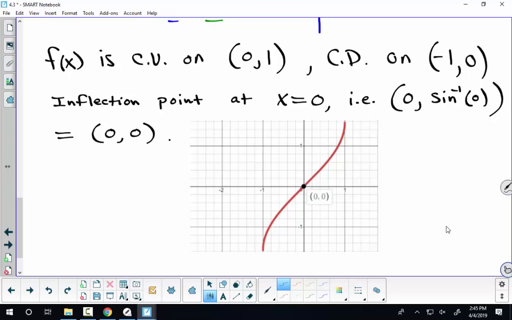So going through this explicitly shows us that the function here is concave down, and here, concave up.